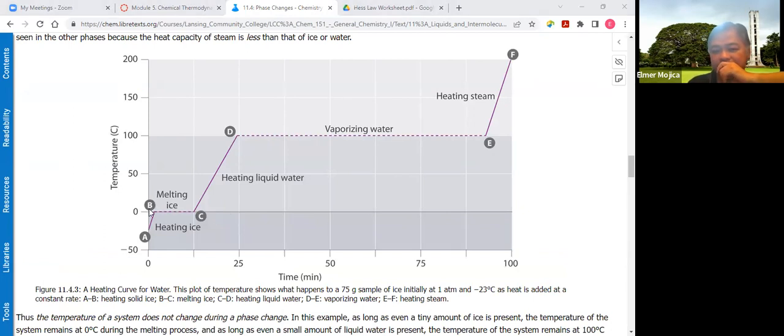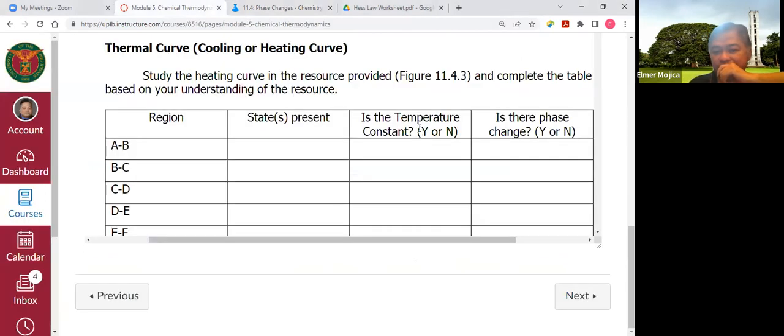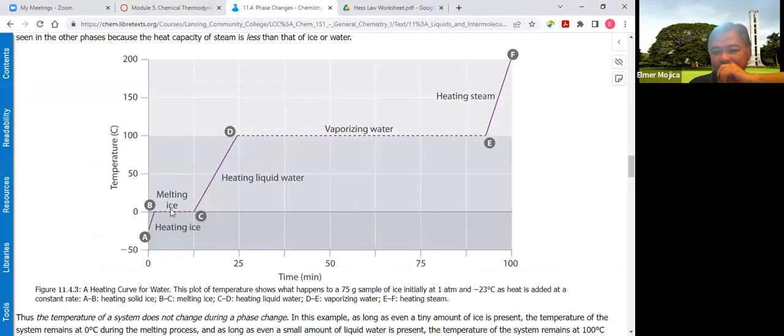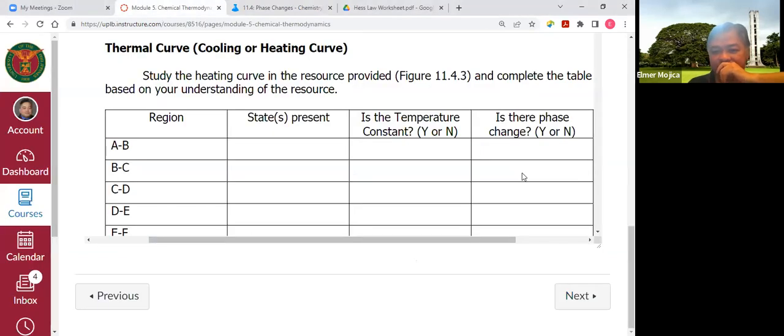Now, once you reach this one, what happened here? This is what we call your melting point. At this point, what happened to your temperature? Is it constant at this phase? Yes, it is constant. Now, is there a phase change there?